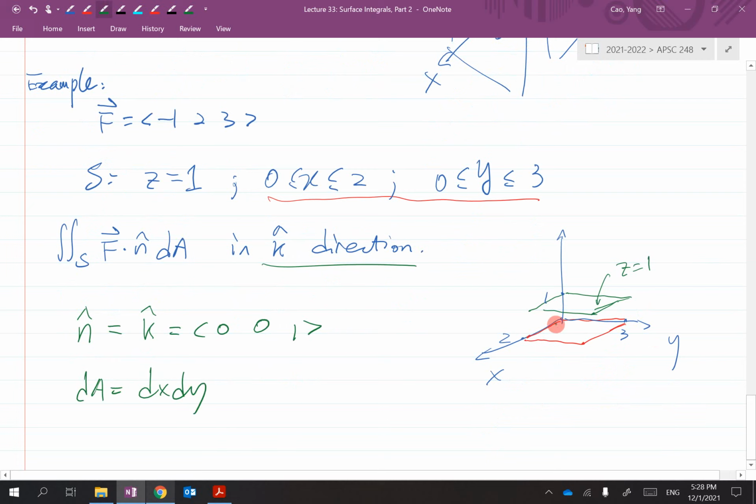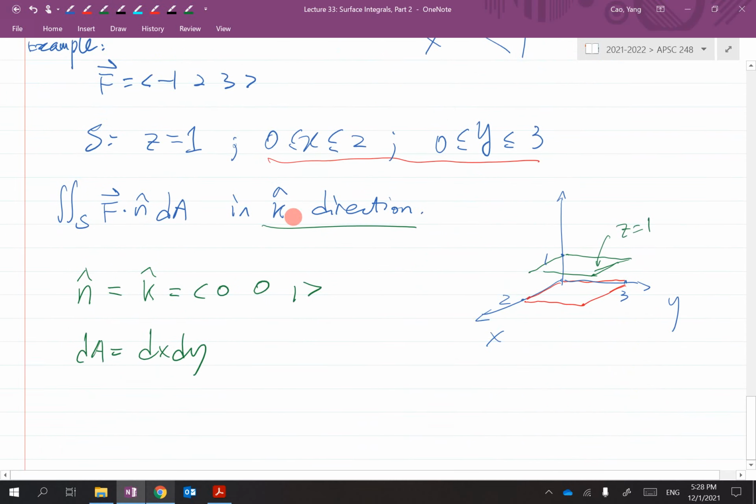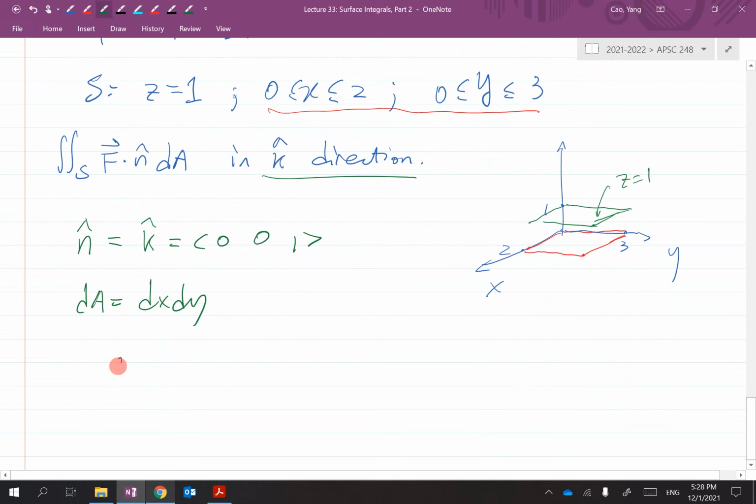The limits will be determined by the shadow, which is this rectangle, and that's very simple. Now I'm going to put everything together: F is negative 1, 2, 3, dot n hat 0, 0, 1, dA being dx dy.